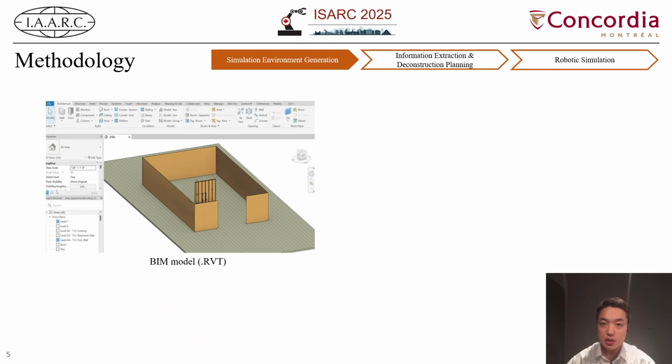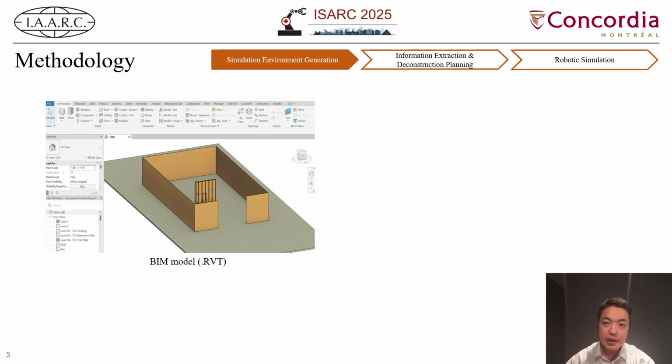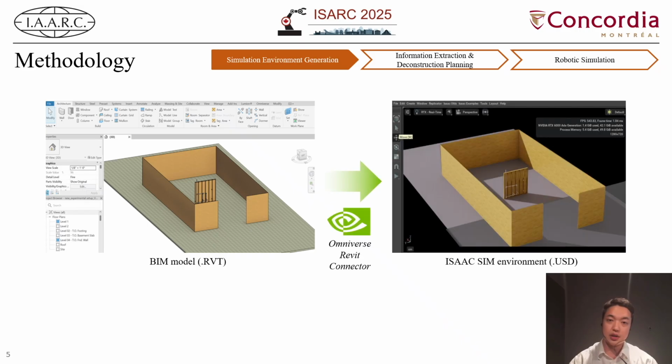BIM holds semantic data about a building's components, collected throughout its life cycle. To use this data in a robotic simulation, we need to convert it into a compatible format, one that keeps the essential attributes of the BIM data. In this study, an Autodesk Revit file is converted into a USD file using NVIDIA's Omniverse Revit connector.